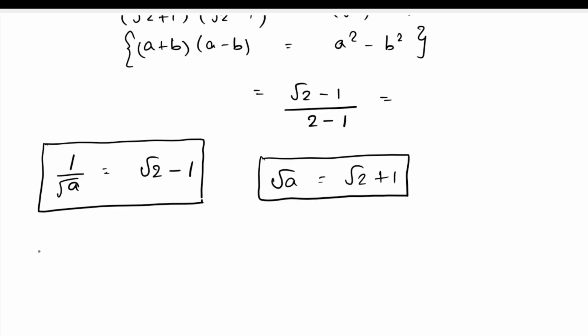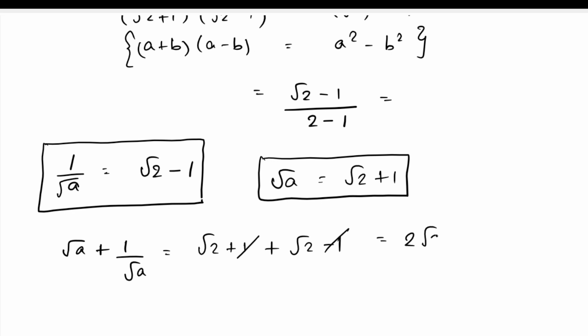Now substituting that in the question, which is root A plus 1 by root A, which is equal to root 2 plus 1 plus root 2 minus 1. So plus 1 and minus 1 get subtracted. So the correct answer is root 2 plus root 2, which is 2 root 2.